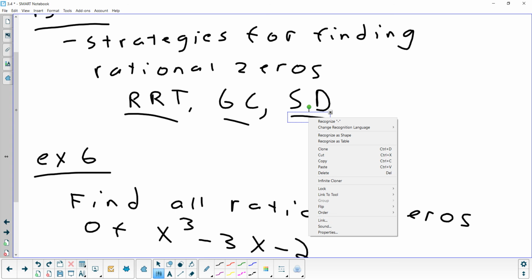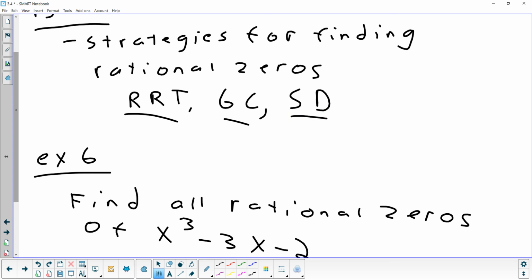There always will be one that works. This won't work out like the first example we did today. There will always be one that works. Divide through by the one that works using synthetic division. And then from there, you'll have a quadratic as your quotient, and then use quadratic formula. Or if you're lucky, you can factor it. You don't have to use quadratic formula.